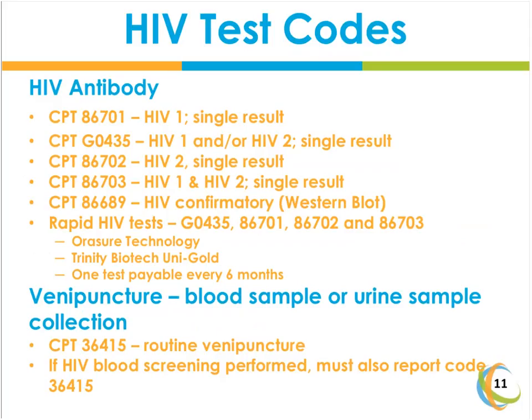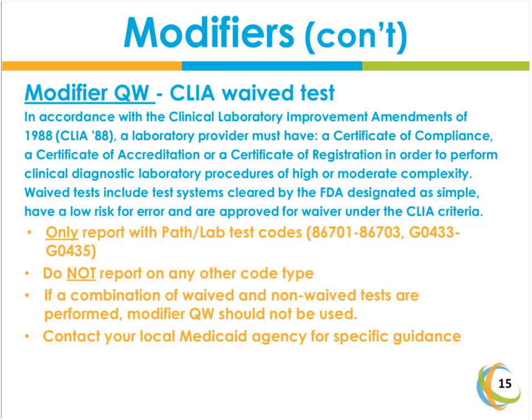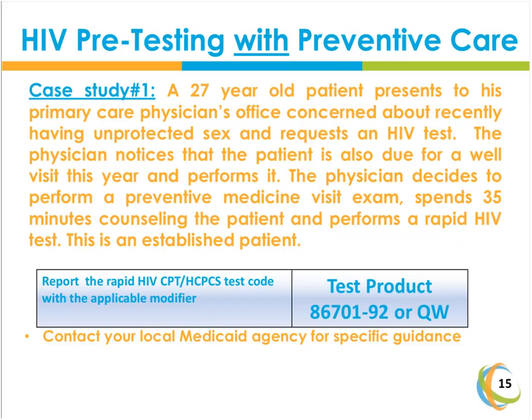So in the case of any of the rapid HIV tests, those are considered your waived tests because those can be performed in the office setting and they deliver quick results. So any of those tests that are designated as rapid, the modifier QW would not be appended to those services, those service codes.